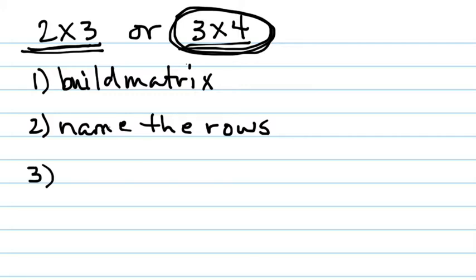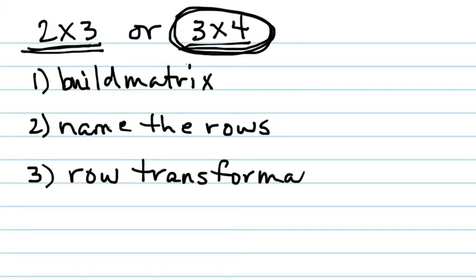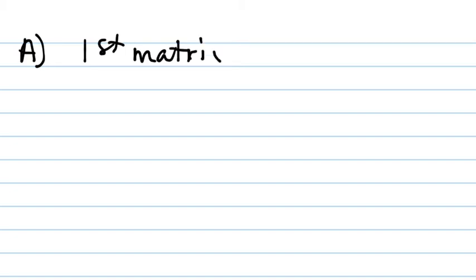So the third thing is start the row transformations or operations. And it's really easy if you think about it numerically and visually. So that's the way I'm going to give you. Okay? So, first, you're working with the first matrix, right? Because it's the first one you built.